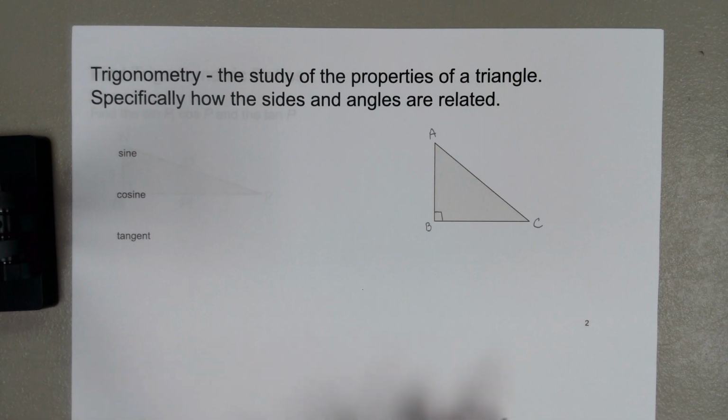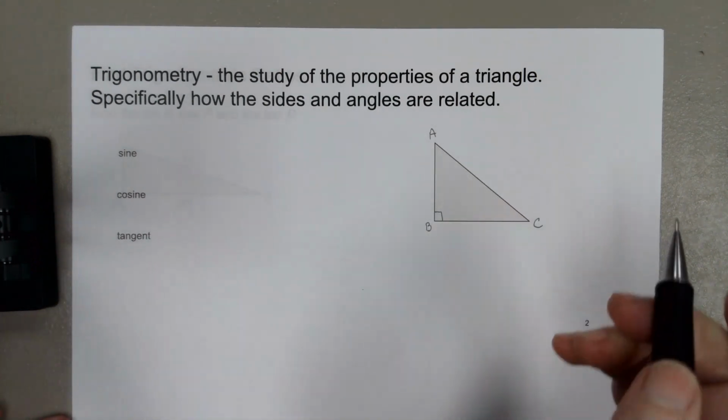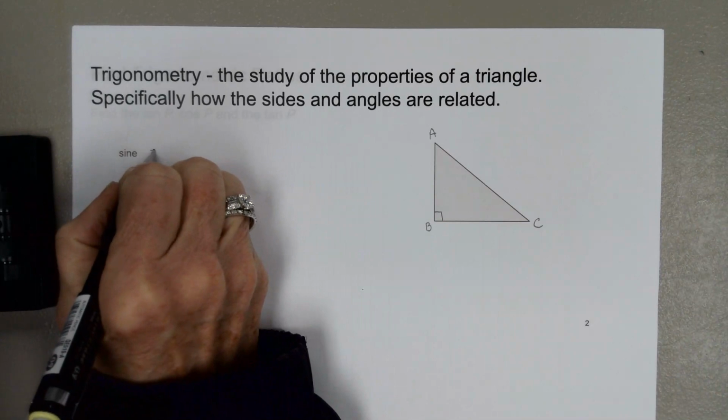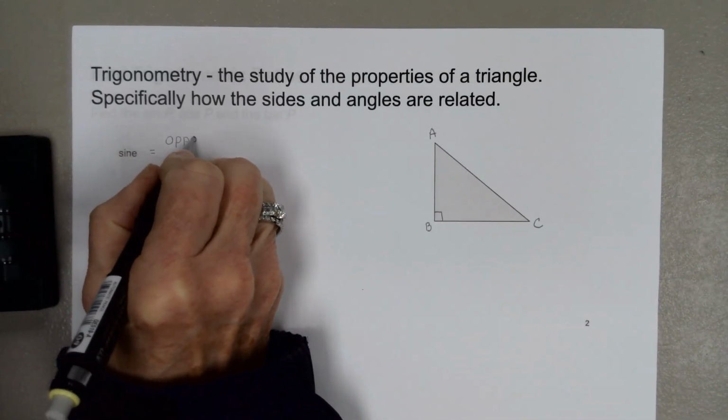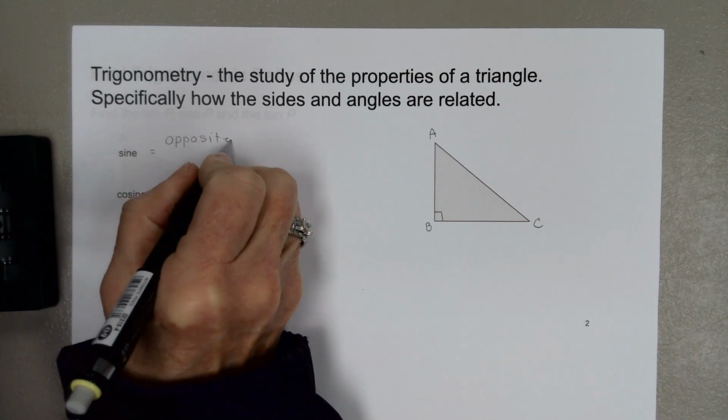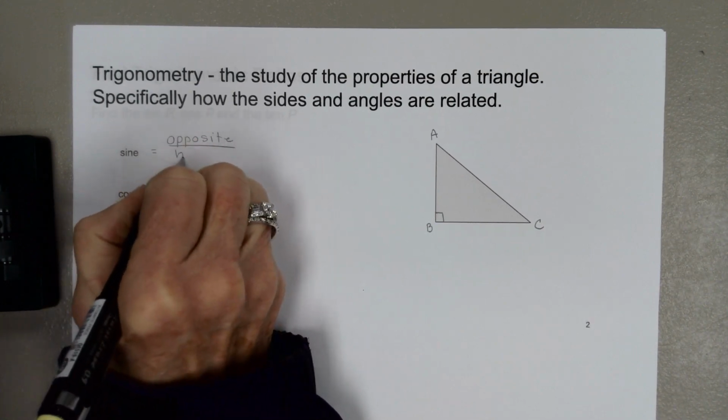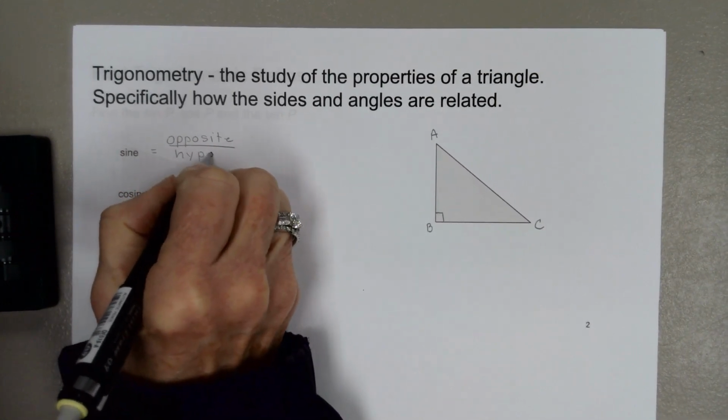There's a term that's called a sine, and that means I'm taking the opposite measure over the hypotenuse. I'm going to give you a for instance here.